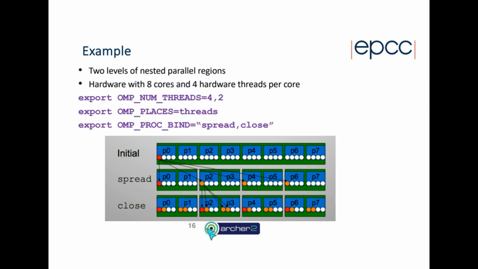And then close says, okay, for the next level down, I want you to keep it close to the master thread, the generating thread for that parallel region. In fact, there are some rules about how all this works. But in this case, the 4 threads generated at the lower level would be split over the 2 cores and use 2 hardware threads each.